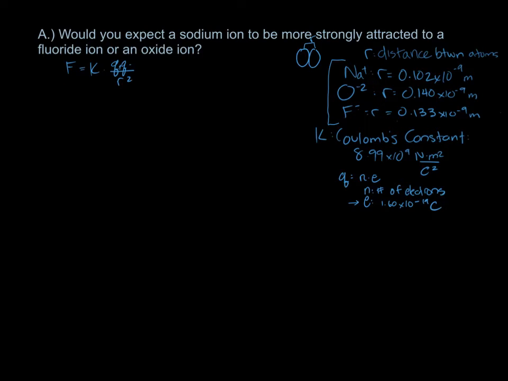So let's plug everything in and see which one is going to have the stronger attractive force. So for sodium and oxygen, the force is going to end up being 8.99 times 10 to the 9th newton meter squared per coulomb squared times 1.6 times 10 to the negative 19th.